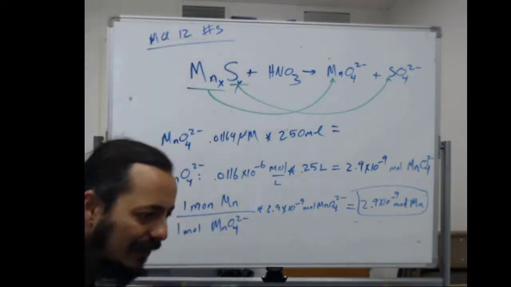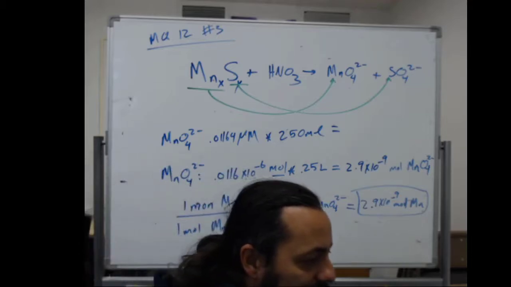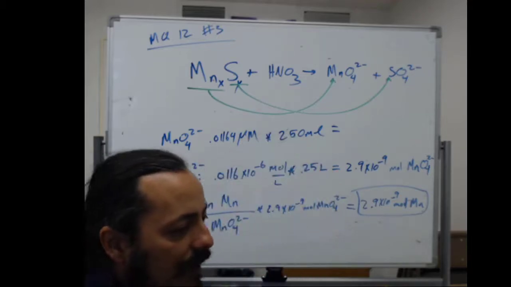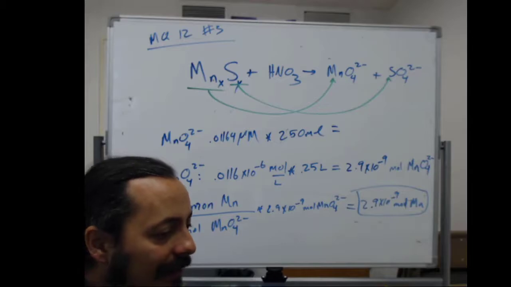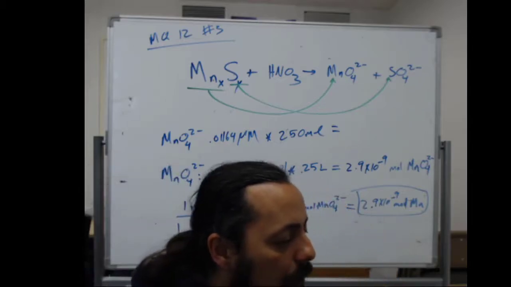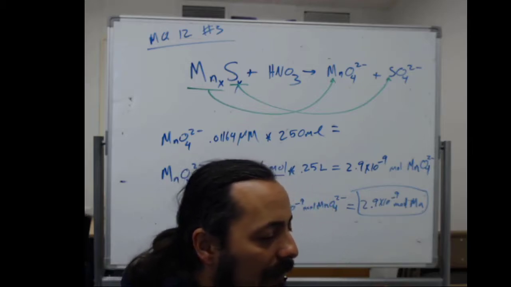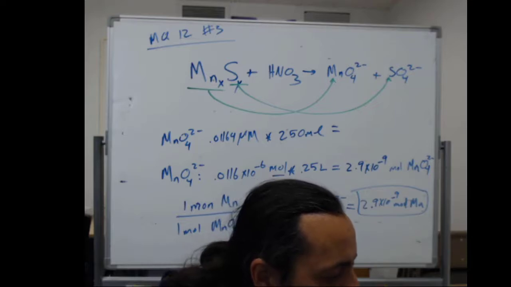And that's going to allow us to figure out what the composition of our new manganese sulfide semiconductor is, and then we can go look it up and get the correct chemical name, or we can just name it properly with manganese something sulfide.